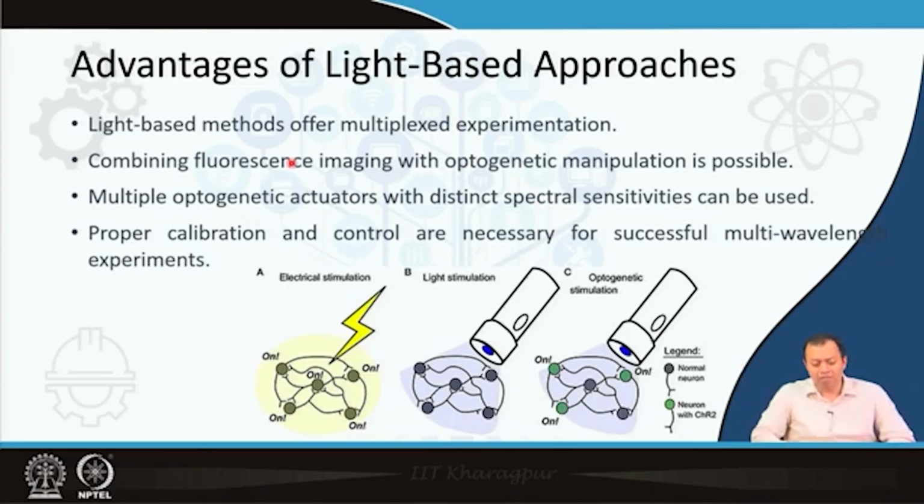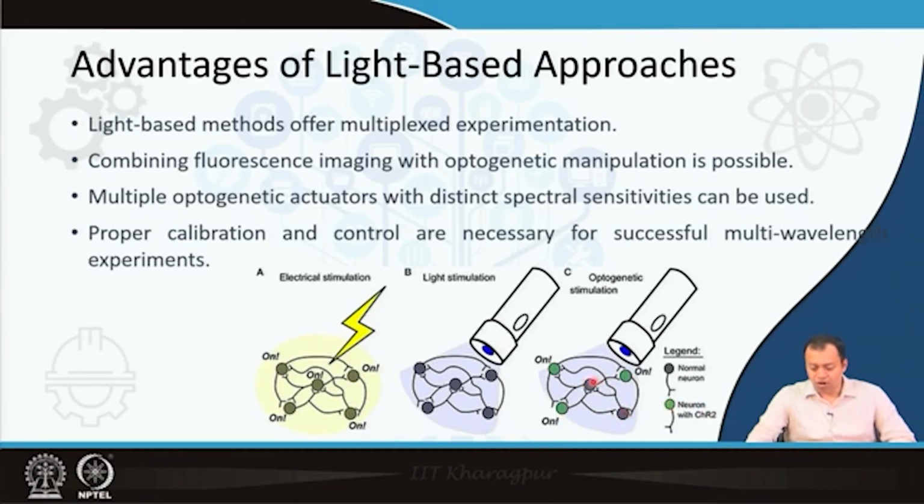So, combine the same thing, utilize the same thing, that multiple optogenetic actuators with distinct spectral sensitivity can be used. Proper calibration and control are necessary for successful multi-wavelength experiments. So, you have light electrical stimulation, everything is on, light stimulation, and you have optogenetic stimulation where normal neuron with CH2 channel rhodopsin, some of them are on, some of them are off.